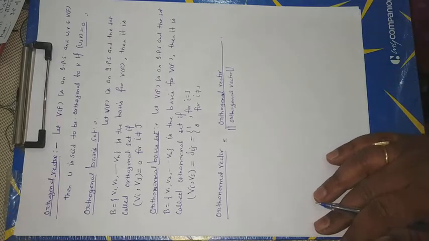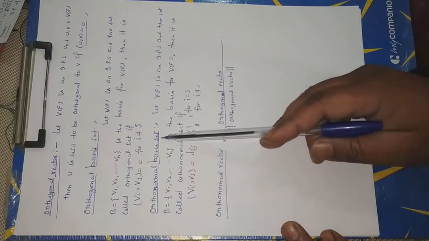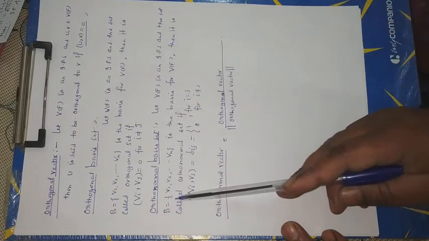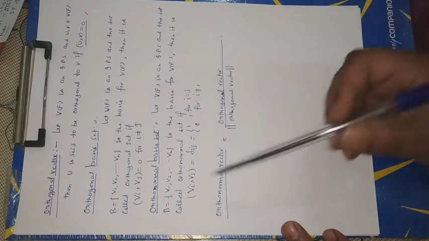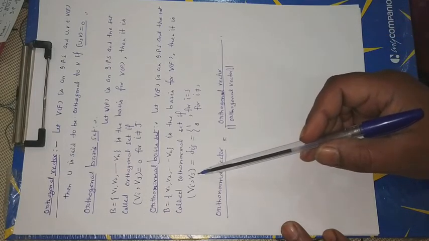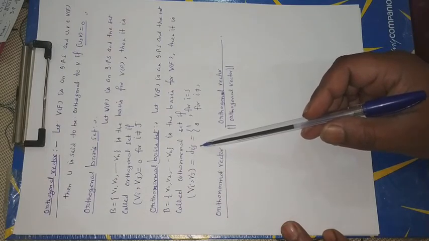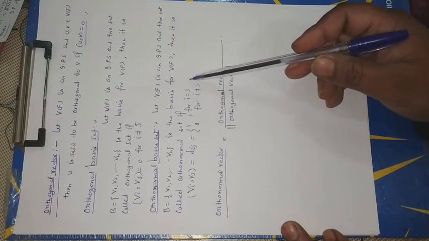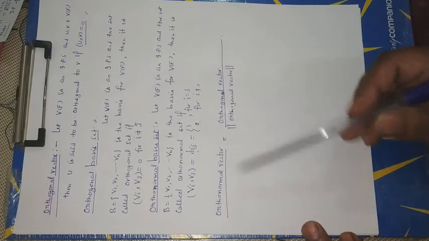That is, we can repeat orthonormal basis set: VF is an inner product space and the set B is equal to V1, V2 up to dot Vn is the basis for VF, then it is called orthonormal set if inner product of Vi with Vj equal to Kronecker delta Ij, the value of Kronecker delta 1 or 0. 1 is when i is equal to j, or when i is not equal to j, then value of Kronecker delta is always 0.